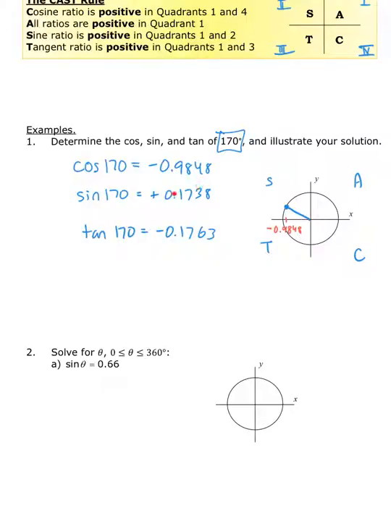Sine is positive 0.1738, so that is up here. It went up 0.1738. You can tell I'm not drawn to scale. So the y value here went up 0.1738, and our x value is negative 0.9848. And we are in the S quadrant, so that means only sine is positive, which we found in our calculator. Sine was positive. The other two ratios were negative in this quadrant.